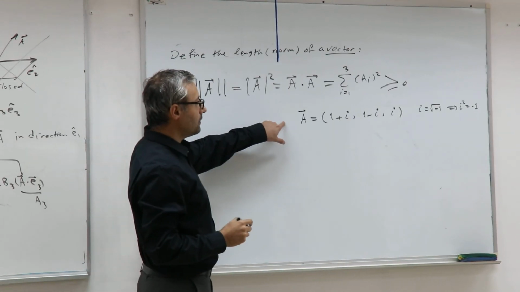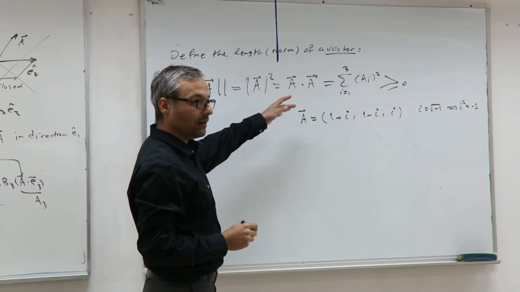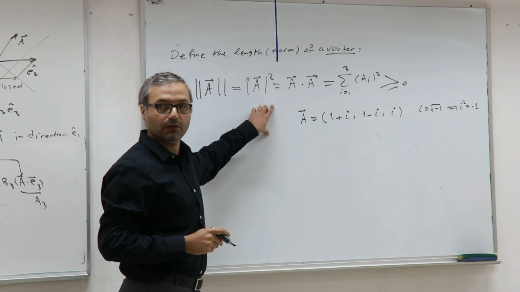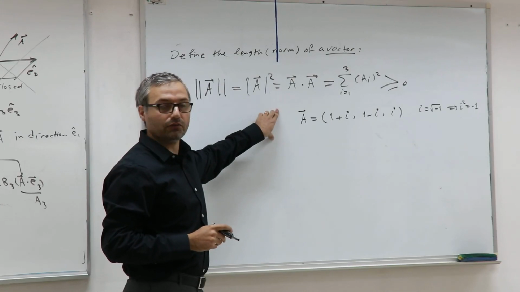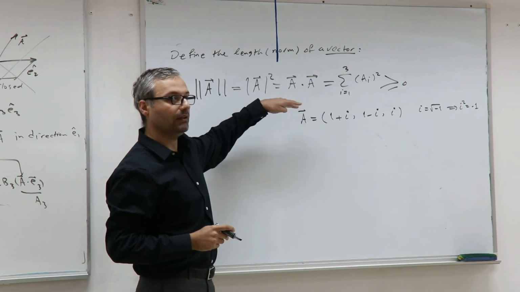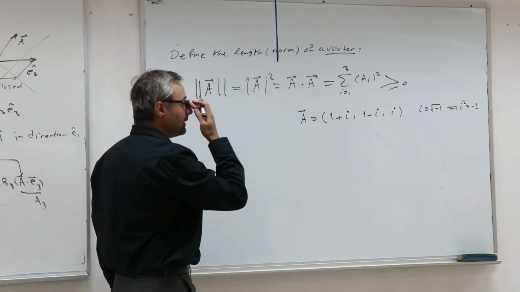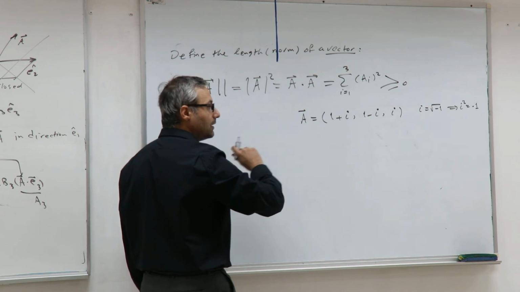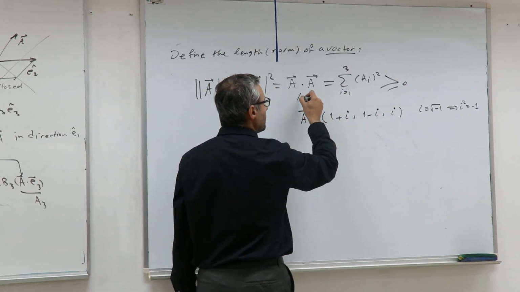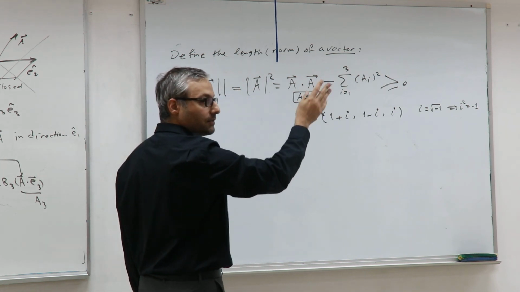Our vectors are real vectors. For a complex vector, you need to change this definition. I want to do the change now, and later I will use it. I don't want to postpone the change to later. So I will tell you that this definition is perfectly good if Ai is a real number, like 1, 2, 3, minus 1, minus 2.